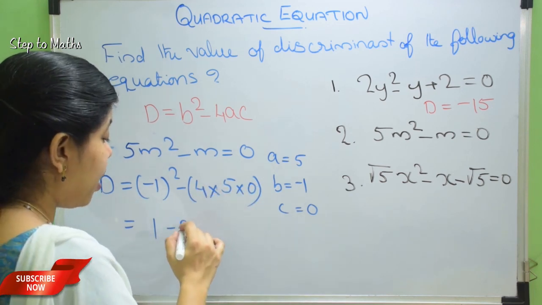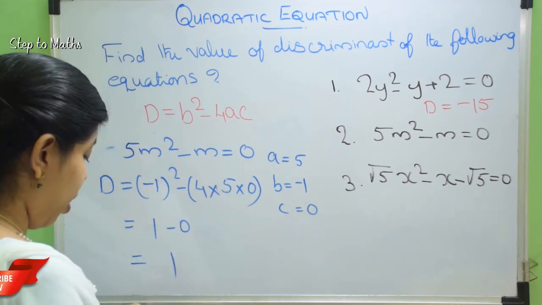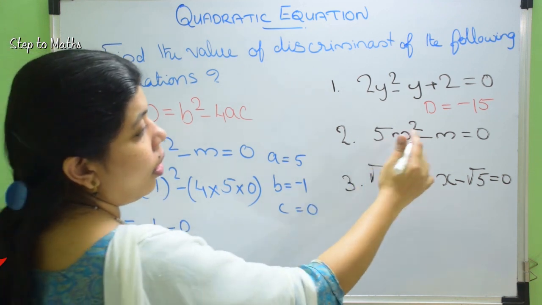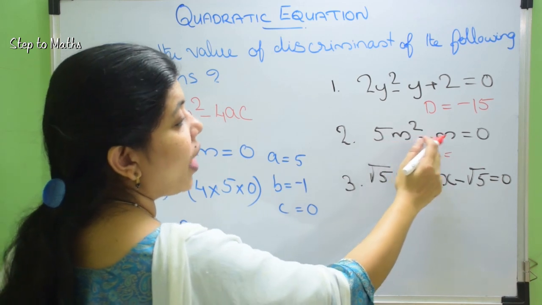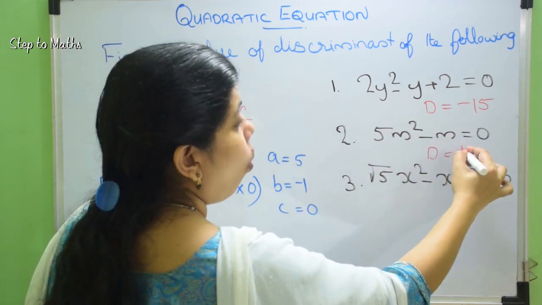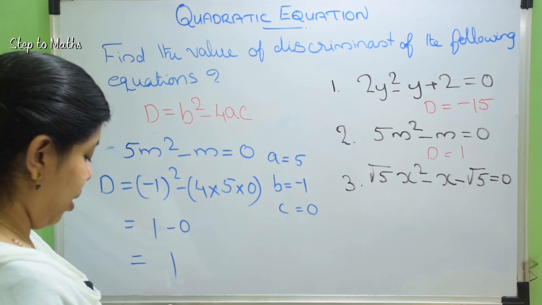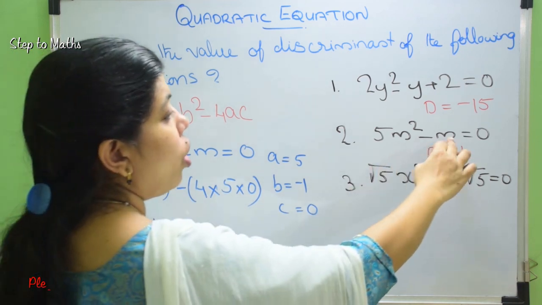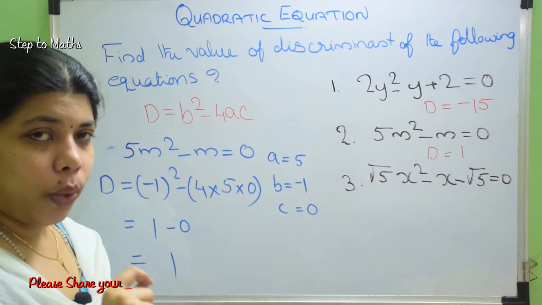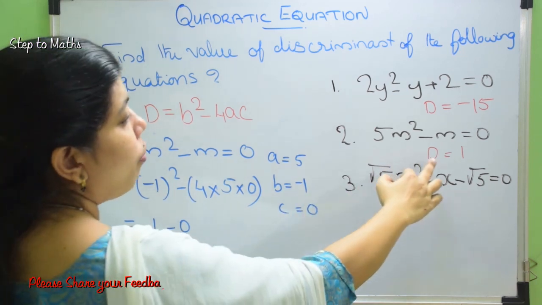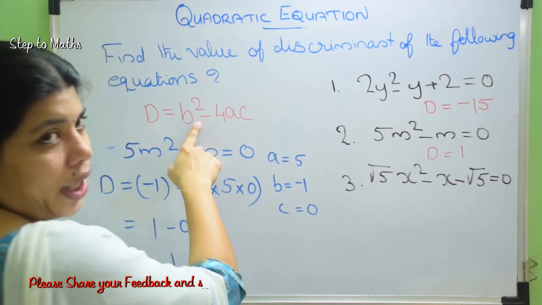That means 1 minus 0 equal to 1. The value of discriminant for the equation 5m square minus m is 1. If the constant term is not present in the given quadratic equation, the value of D is b square.